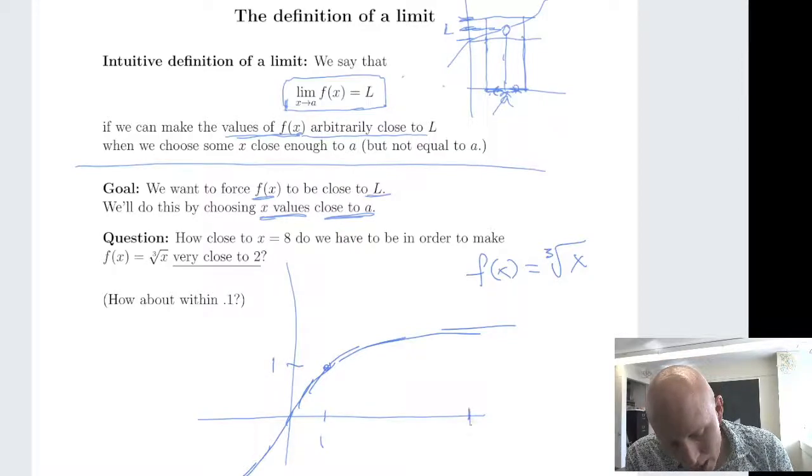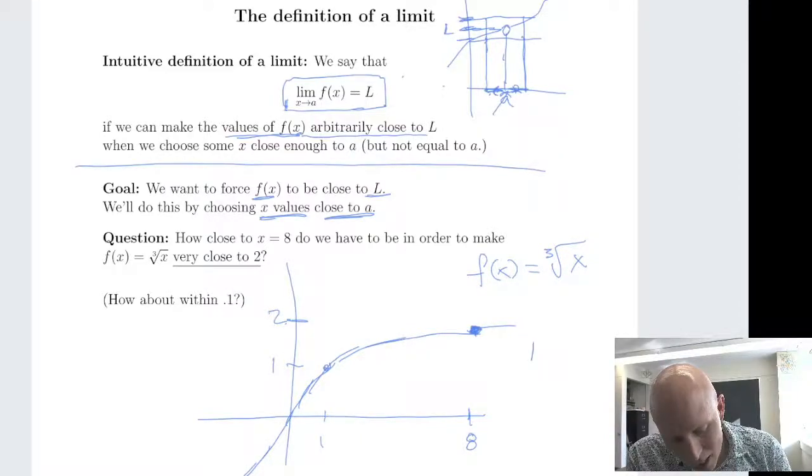And when we plug in 8, what number when you cube it is equal to 8? That's 2. So we have this function. This function doesn't have anything crazy happening. The limit of this function we would expect.